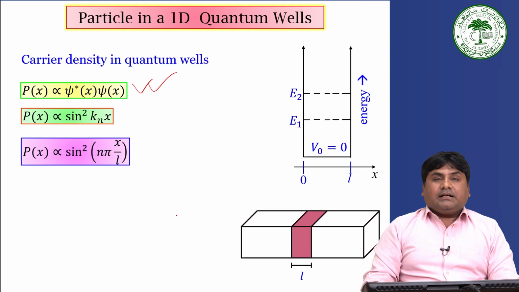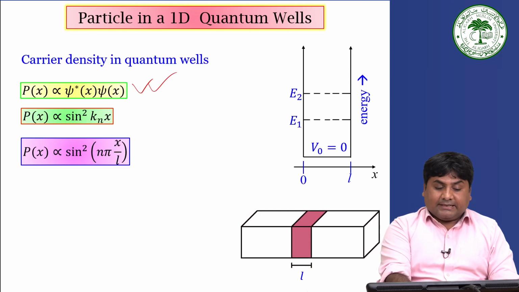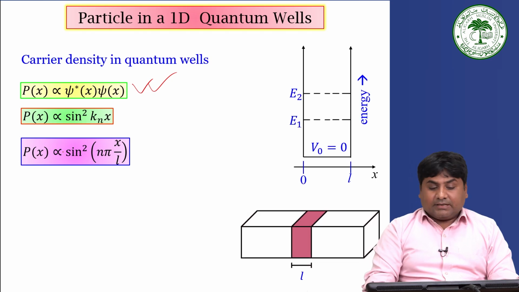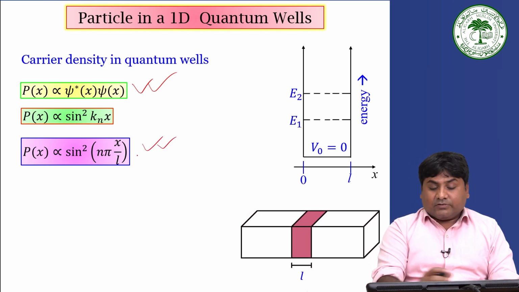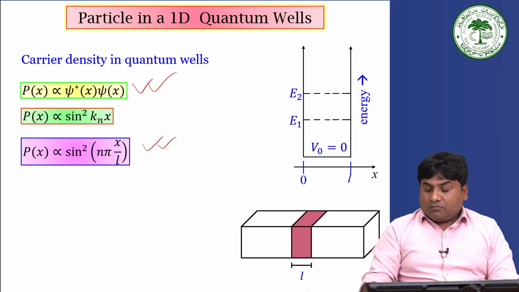Px is proportional to sin square kn x, that means Px is proportional to sin square n pi x by L. This way you can get the probability of the electron inside the 1D quantum well. That means your electron is confined in one direction, maybe the Z direction.